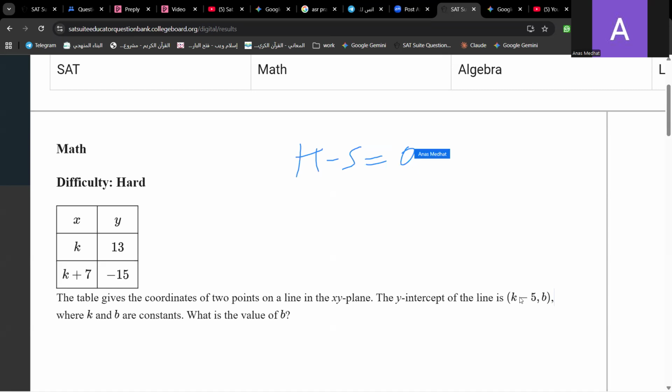So if we solve it in the table, 5, 13, 12, negative 15, and it wants the y-intercept. Now we will get the y-intercept through the 2 points that we have.